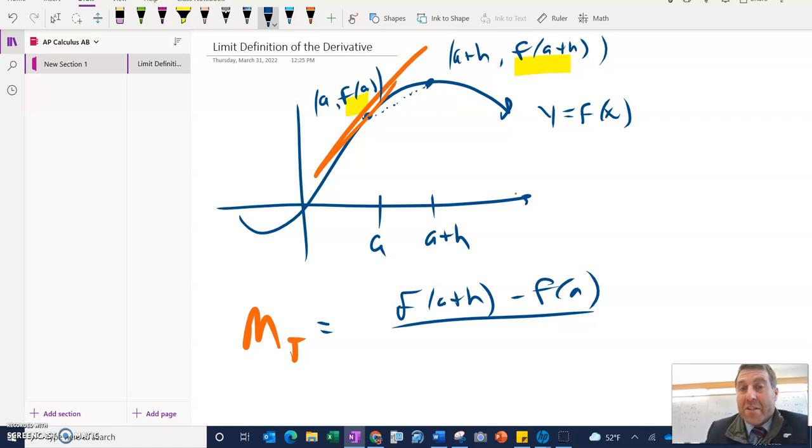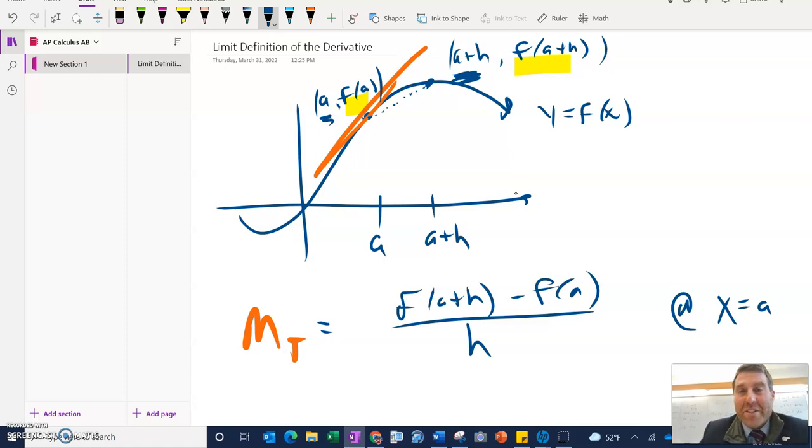So the change of x is just going to be a plus h minus a, and of course that just leaves us with an h. That's the difference in the two x values. Okay? So as that sits and looks now, we call that the difference quotient. But really what that means is that expression is the generalized slope of the secant line through the point at x equals a. But yet, it's not yet the slope of the tangent line.